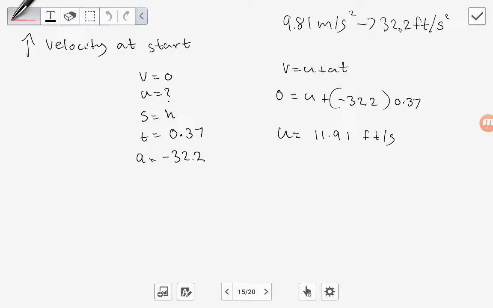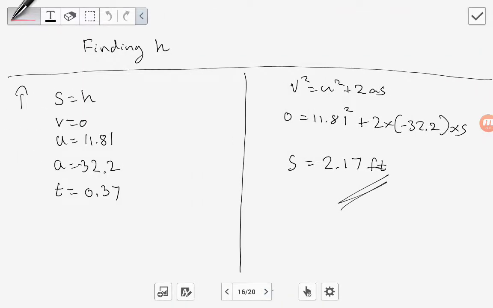Make sure of that, it's something really important, and it's a mistake that I always make. And v equals u plus at, and that's easy. We're finding h. Now we know most of the values we need, and then just plug into v squared equals u squared plus 2as, and you'll get 2.17.